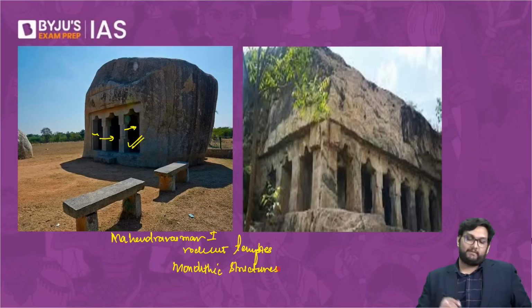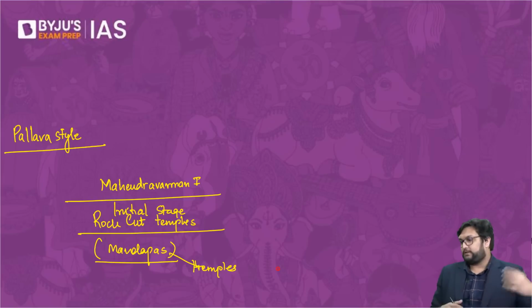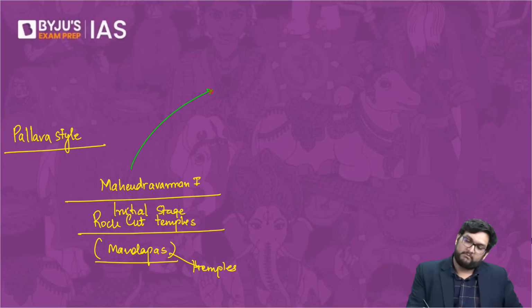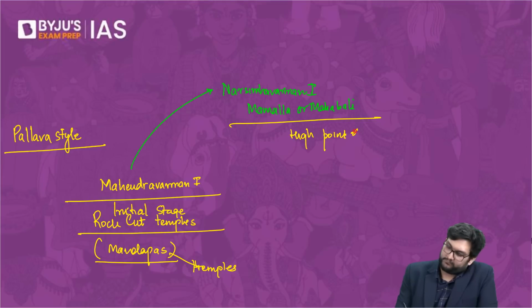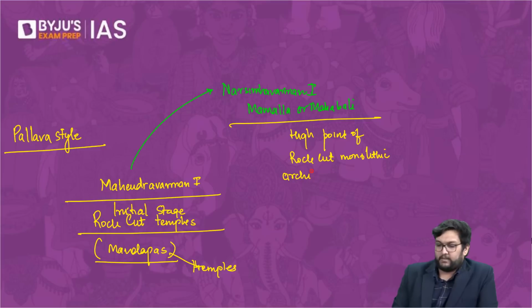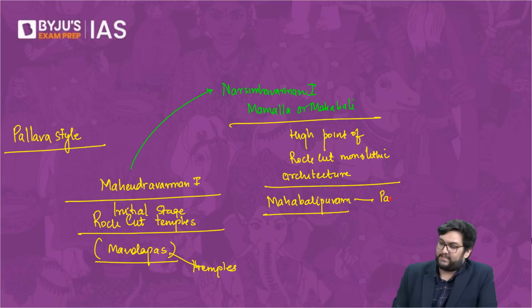Thereafter, when Mahendravarman is succeeded by Narasimhavarman I Mamala or Mahabali, it is basically the high point of rock cut monolithic architecture, and here you have Mahabalipuram and the Pancharath as examples.